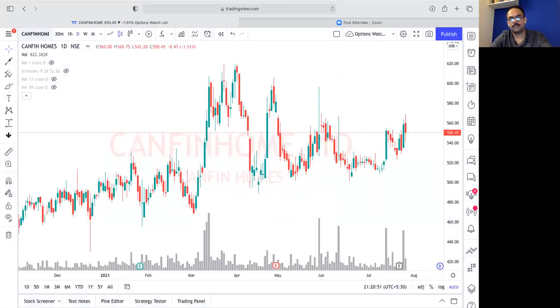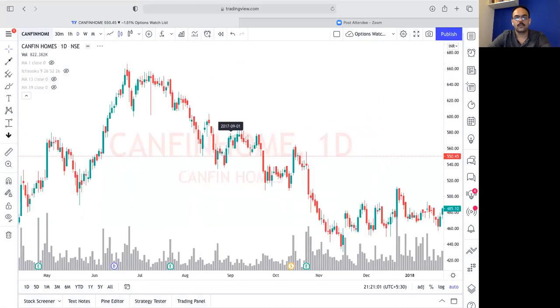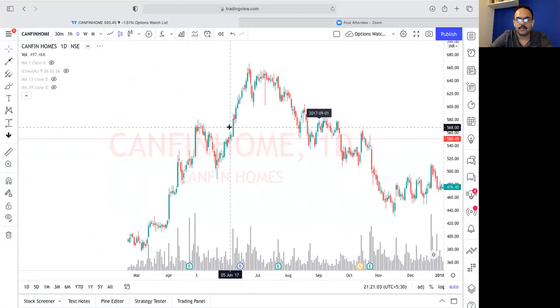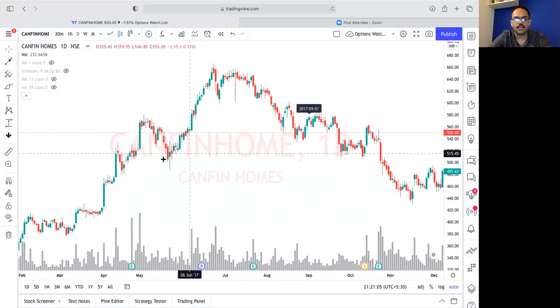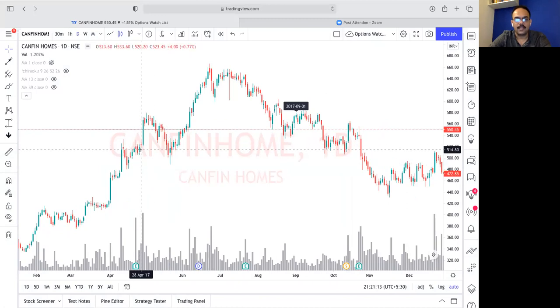Can Fin Homes, September. Okay. See, sometimes it will take so long. If you see from here to here, it will take a long time. It's almost taking a year for forming a head and shoulder.